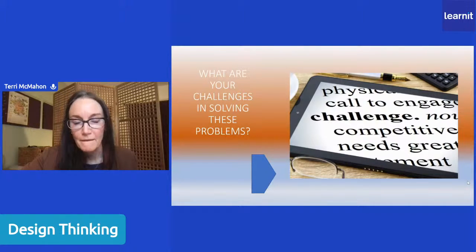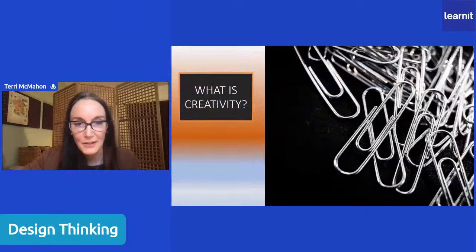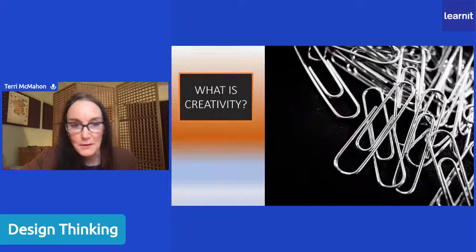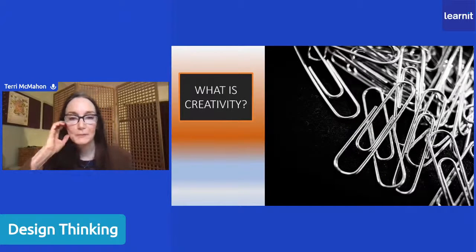Okay. So let's look at slide 14 because I want to talk about what is creativity. We'll go back to Albert Einstein and look at what is creativity, because this is going to get us somewhere in this design thinking. I'm going to ask you to open up the chat.